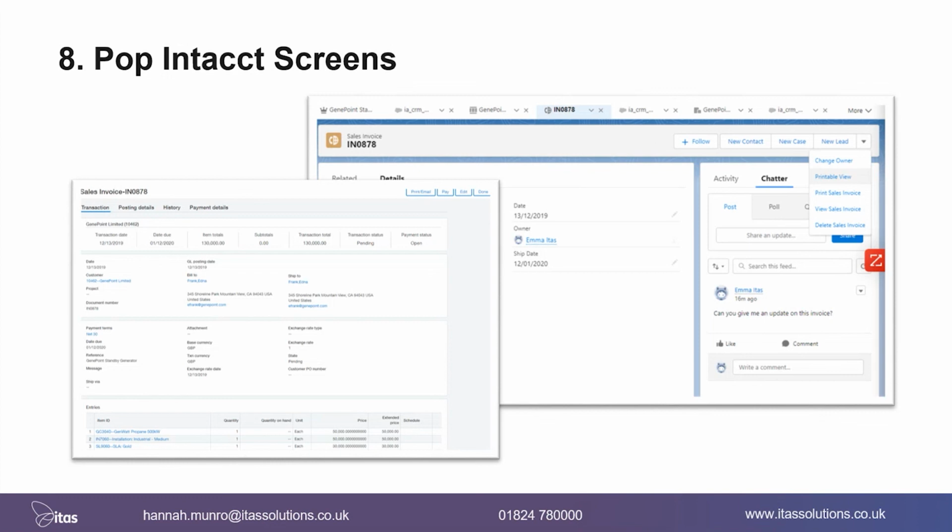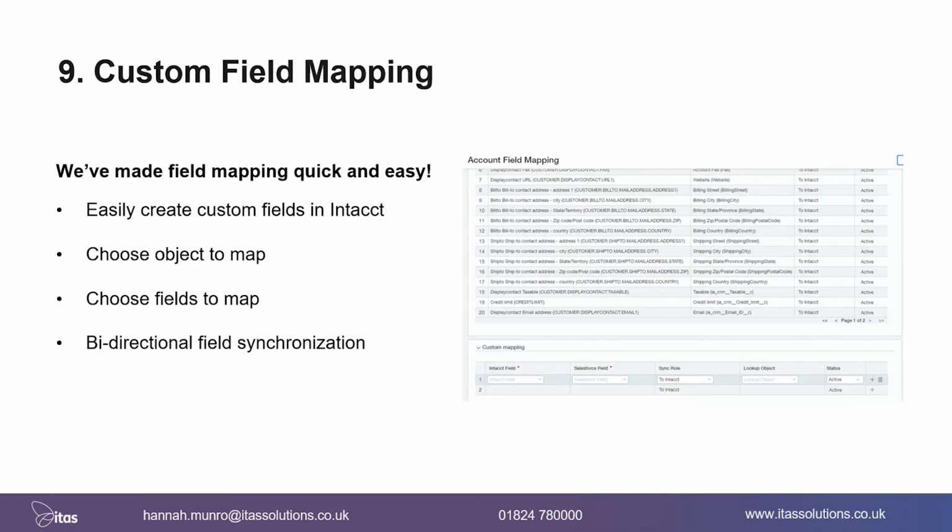We also have the ability to manage and customize this integration ourselves as consultants, but you also have it as Salesforce administrators or as owners of the Salesforce environment. So things like custom fields. If you add a new field onto your customer accounts and you want that information across into Intacct, you can do it. You literally just add in that field and map it in, and it's very easy to map it across.